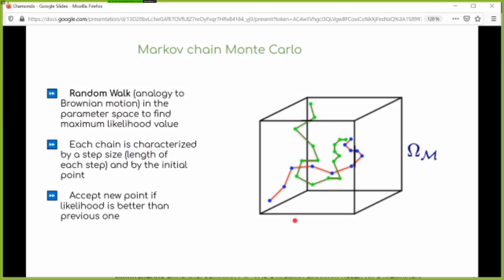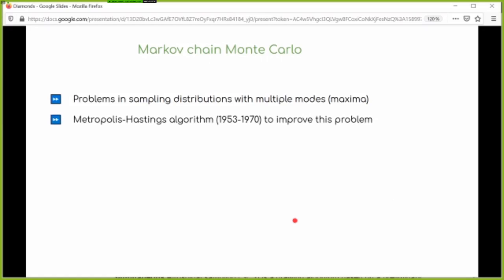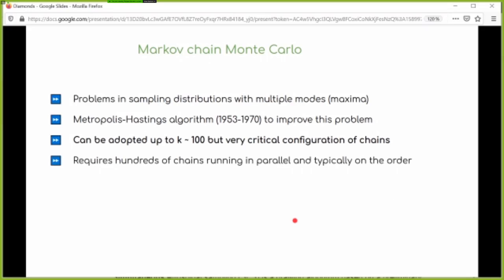But this method faces some problems. The problem is in sampling distributions with multiple modes, which means multiple maxima, like the egg box I've just shown you. We could say that the Metropolis-Hastings algorithm has improved this problem, but it can be adapted just up to k equals 100, and only with very critical configurations of chains. And it requires hundreds of chains running in parallel and typically on the order of millions of sampling points.